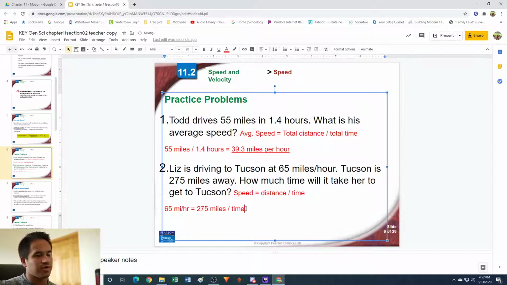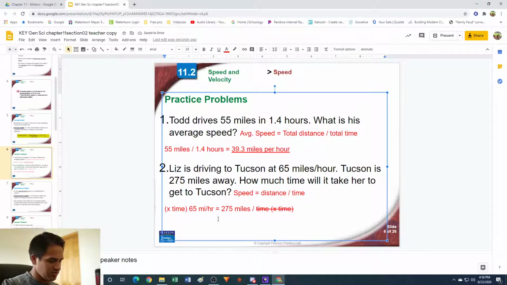So we do have to do a little bit of algebra here. We need to get time out of the denominator. To do that, we're going to multiply both sides by time, which seems strange, but that's just what we're going to do. When we do that, the variable of time is going to go away.